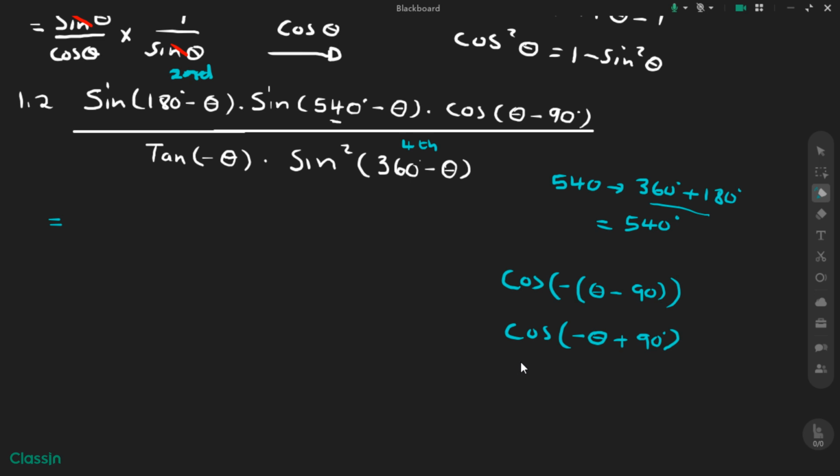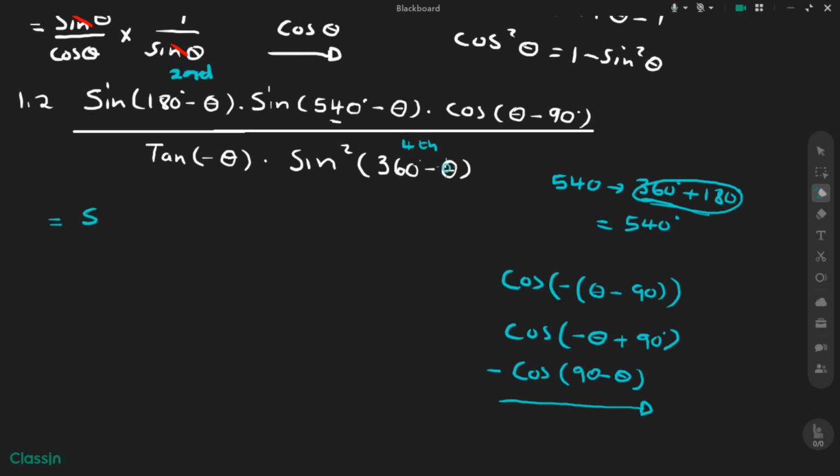Then this is the same as negative cos of 90 minus theta. So we express it like this, and then this one we are going to express in this manner.